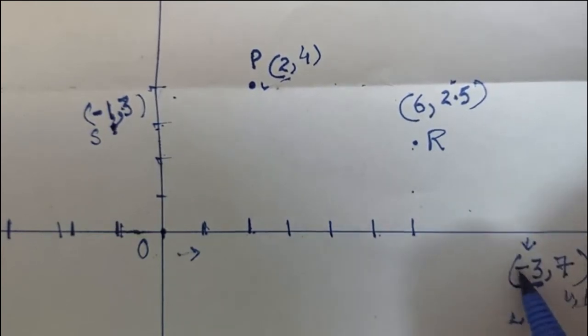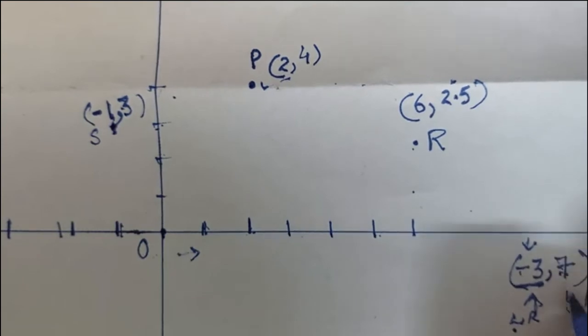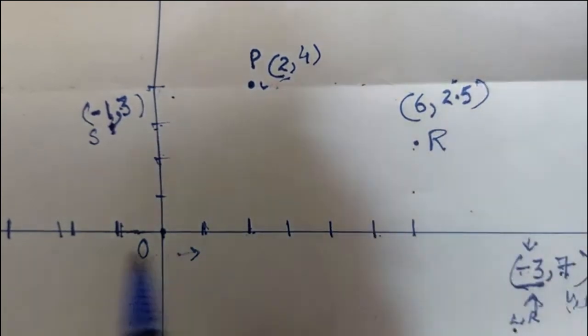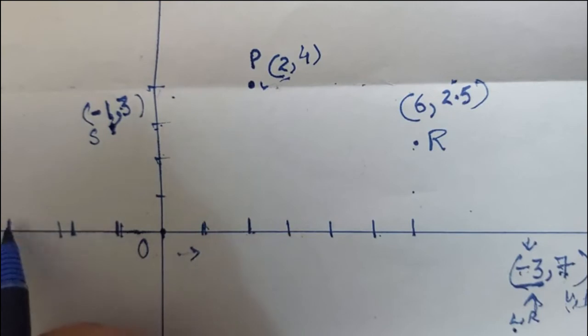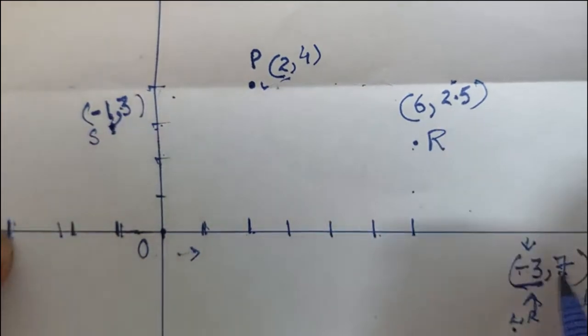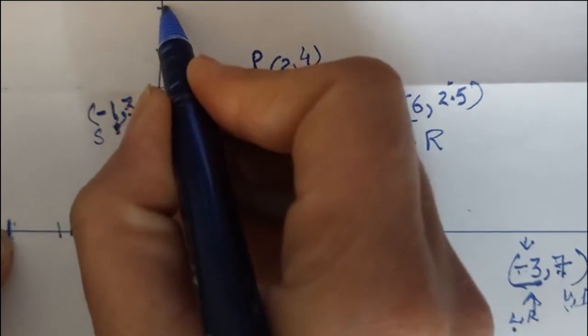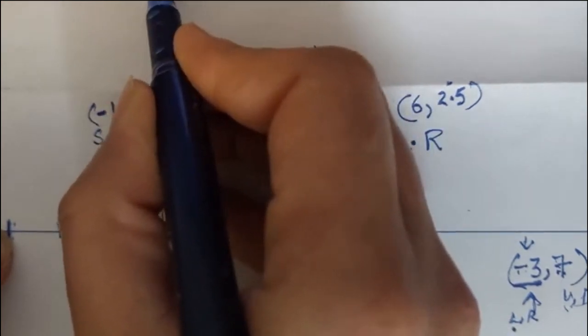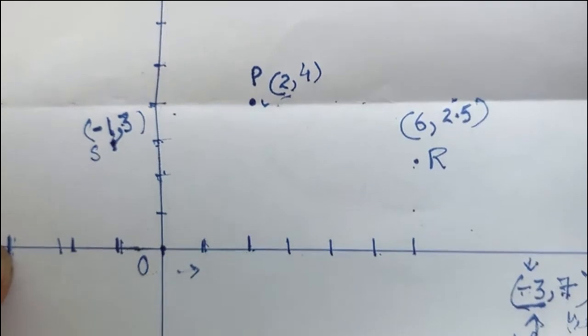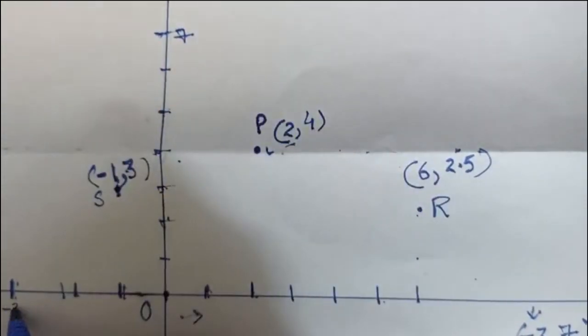This negative sign shows that it is towards left, and this positive sign shows it is upwards. So -3: 1, 2, 3. Now we have to go 7 steps upwards because the next is 7. So 1, 2, 3, 4, 5, 6, 7. So this is your 7 and this is your -3 here.